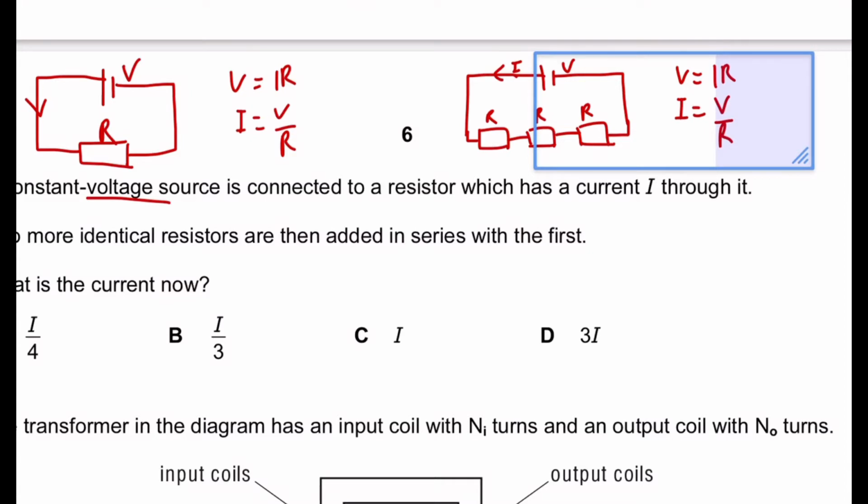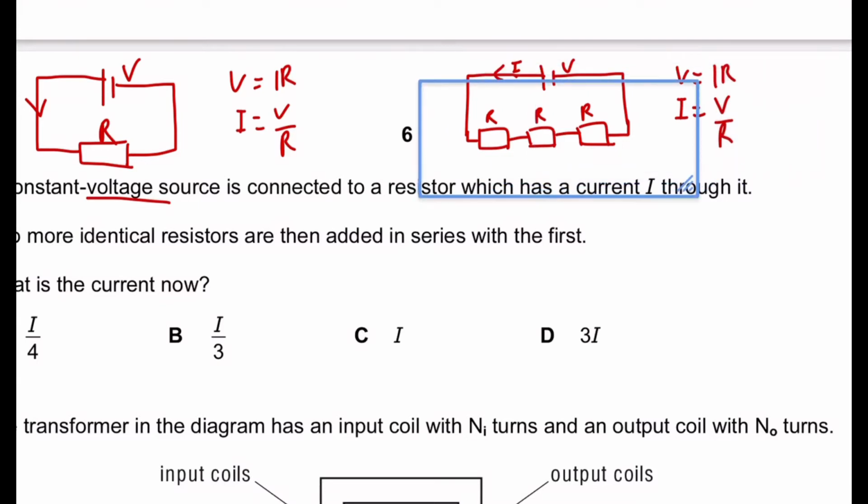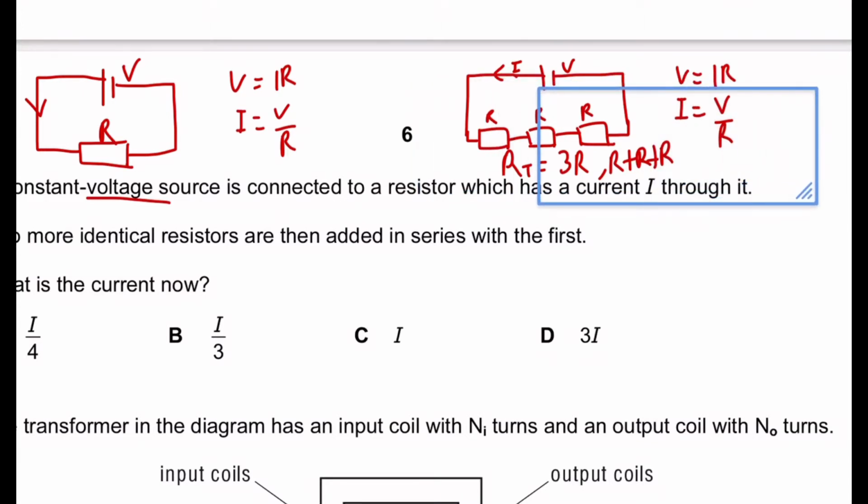We need to figure out the total resistance in this second diagram. The total resistance is 3R. How do I know? It's R plus R plus R because of the series arrangement. So in this case, V is divided by 3R.